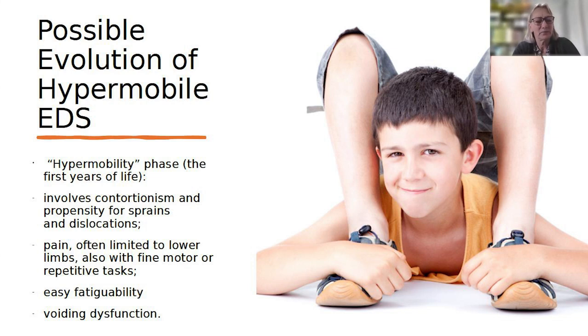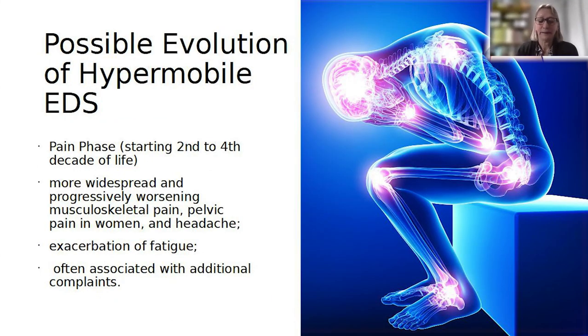The pain is usually limited to the lower limbs and often passed off as growing pains. Children get tired very, very easily. And the other thing that's often quite a feature is voiding dysfunction, which means they're either in the toilet all the time or they go very rarely. They don't get the signals that they need to go, and they hold on for far too long.